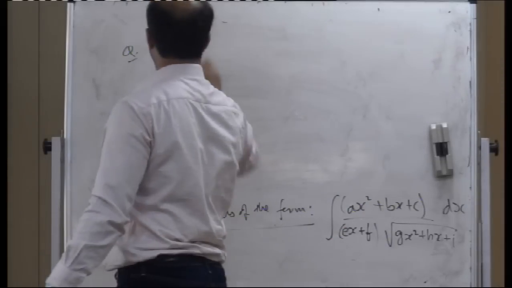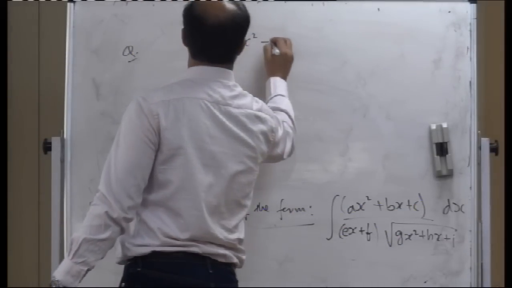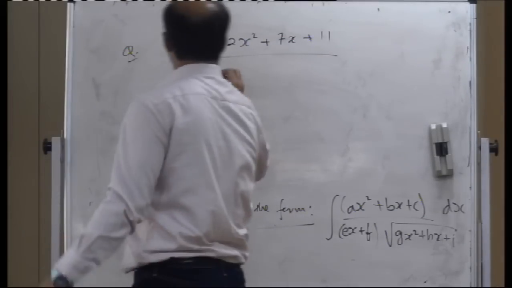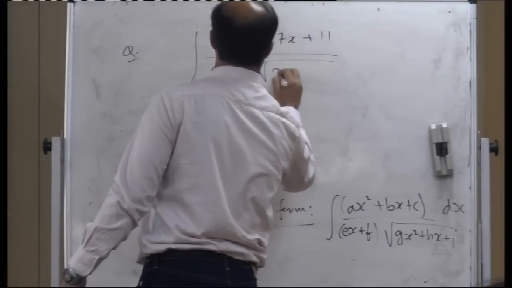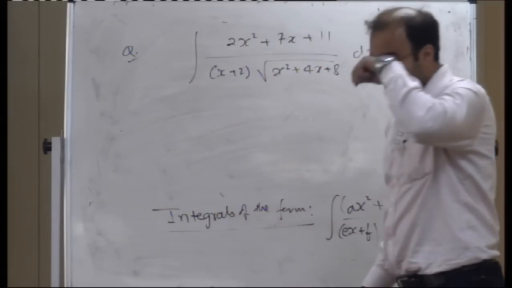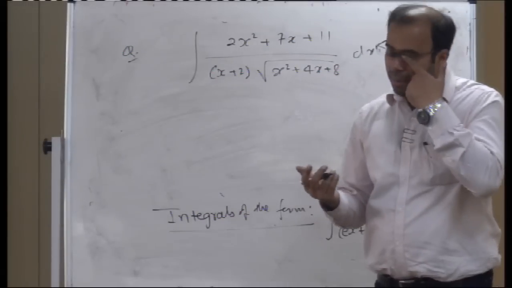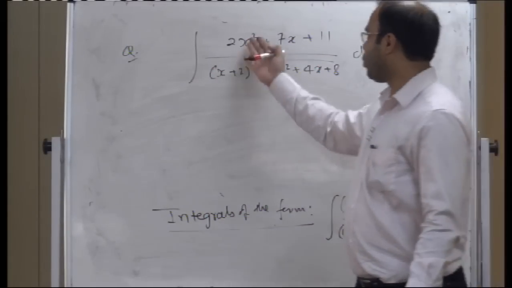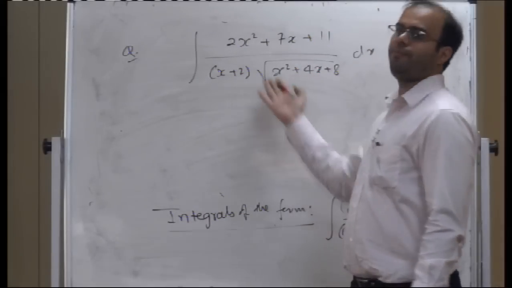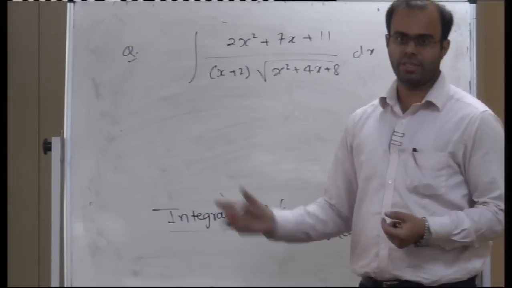I am giving a question based on this form, which is 2x square plus 7x plus 11 upon x plus 2 root over x square plus 4x plus 8 dx. Now again, here it is a quadratic, here it is a linear, here it is a quadratic. What approach would be able to solve this question? You can't take a quadratic in terms of linear. You can't take quadratic in terms of quadratic plus its derivative plus constant, because in that case this linear will be attached with it, which is not solvable.